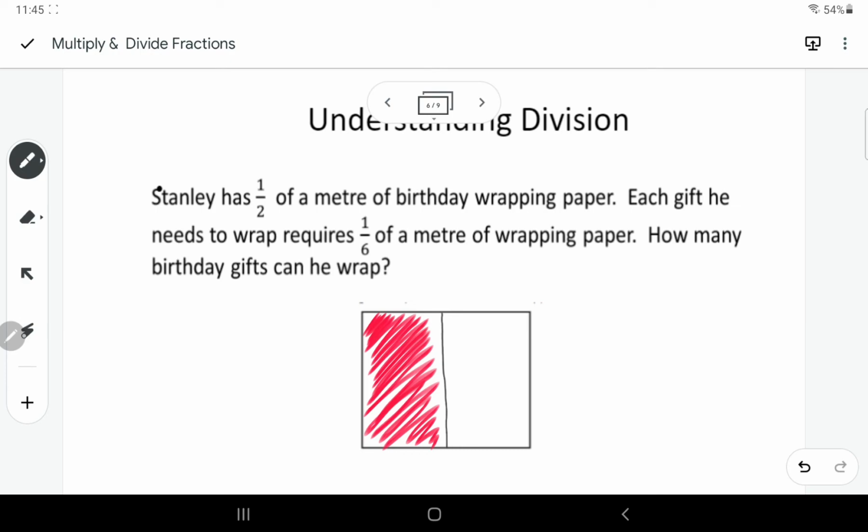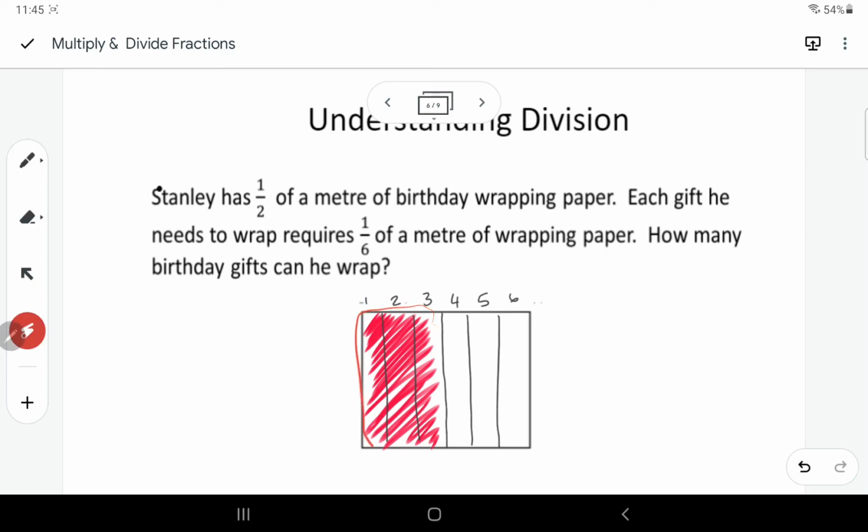Each present he's wrapping takes 1/6 of a meter. So if we imagined dividing the whole meter of wrapping paper up into 6 sections like this, how many gifts could he wrap? Each present takes 1/6.